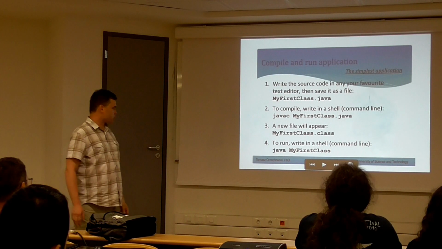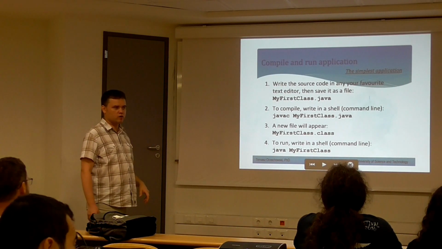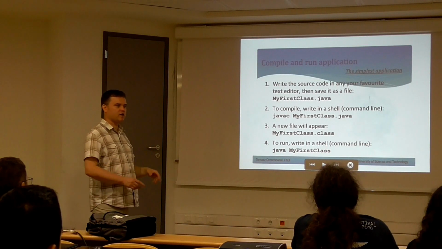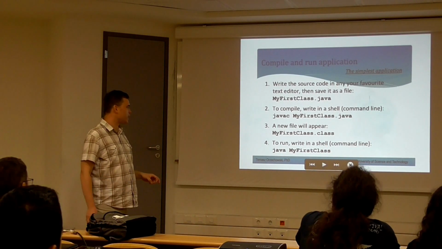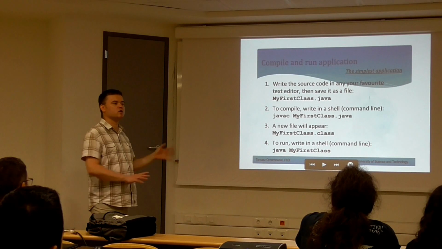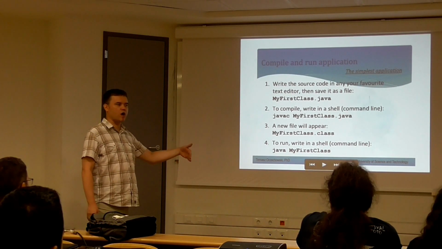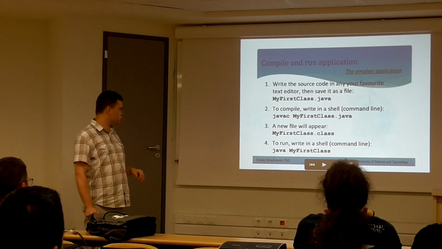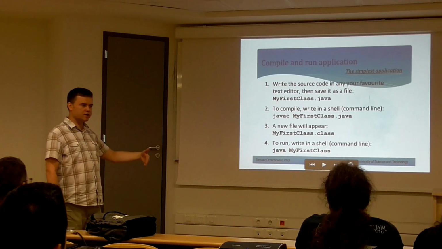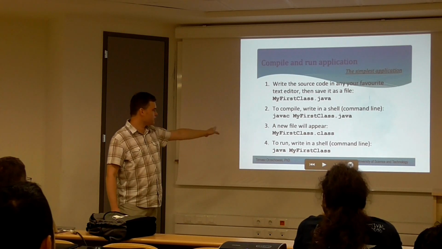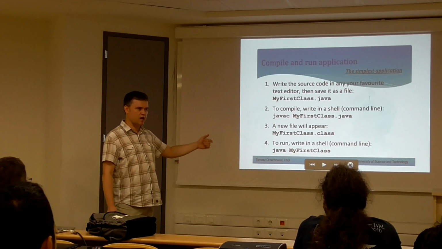If everything is okay, a new file will be created, which is just bytecode, a structure that can be transferred to different platforms and run in the Java virtual machine. To run it, you call the Java launcher by calling java, followed by the name of the class.